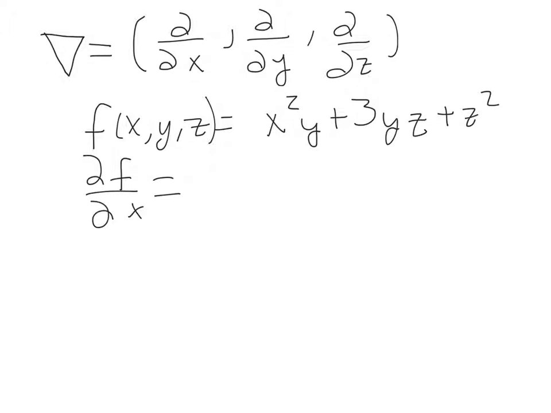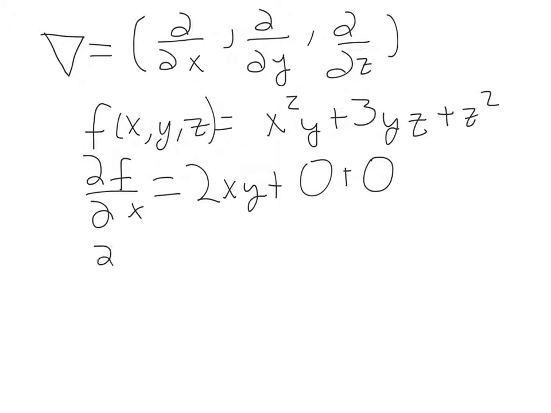So the solution to the partial derivative of f with respect to x would equal 2xy plus 0 plus 0, because 3yz and z squared are constants in this case.